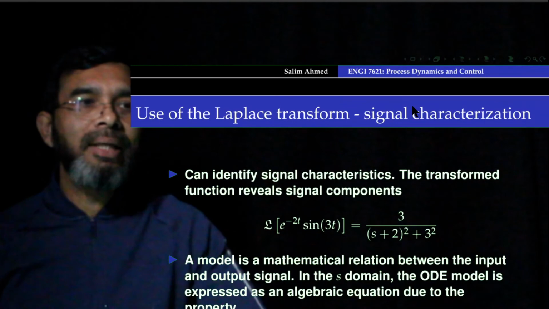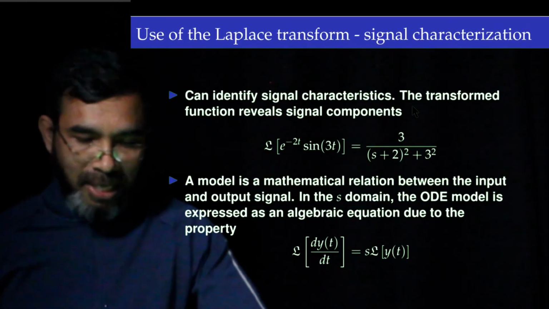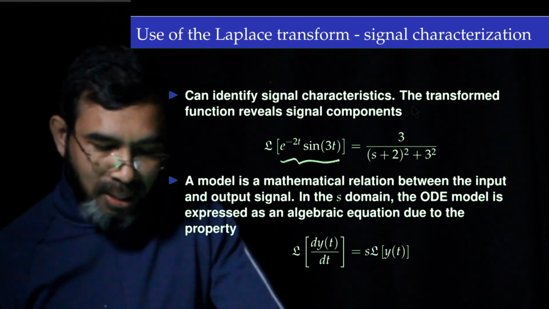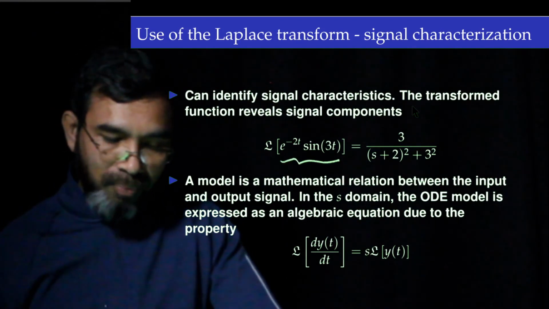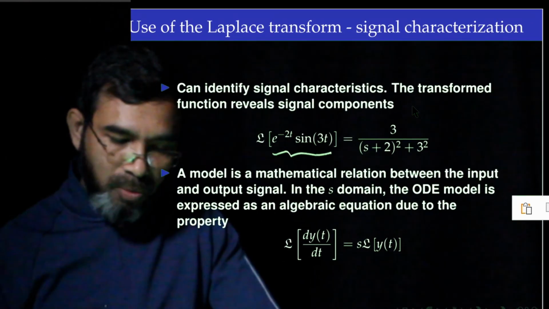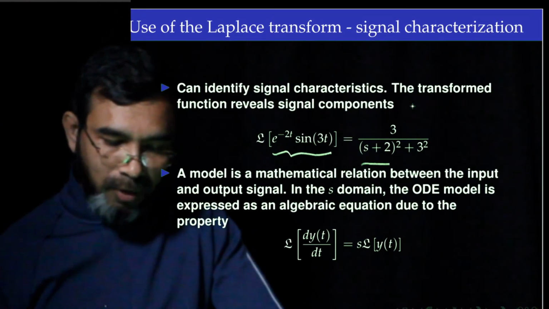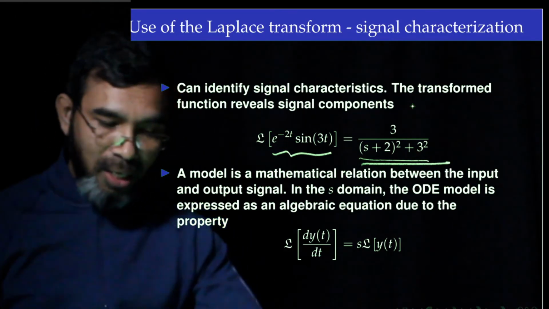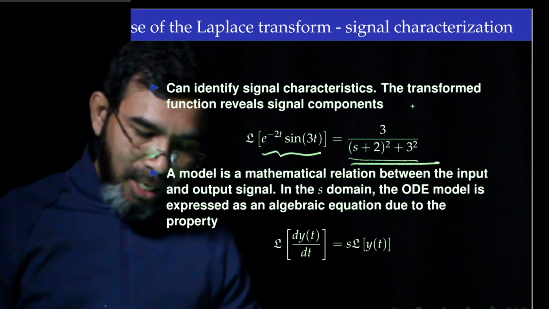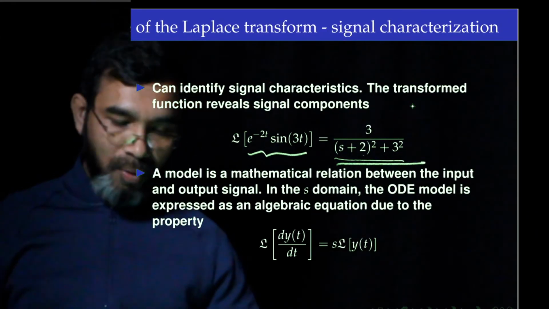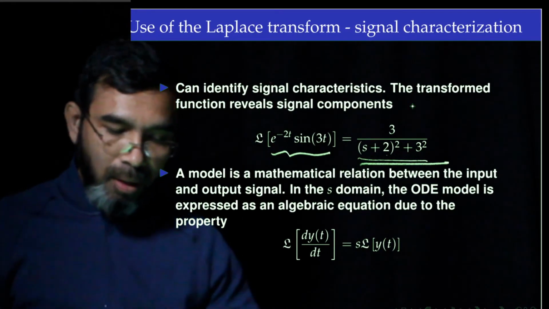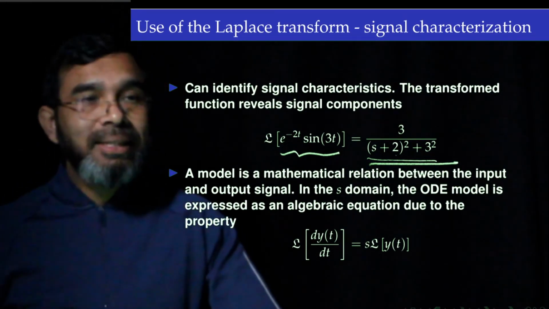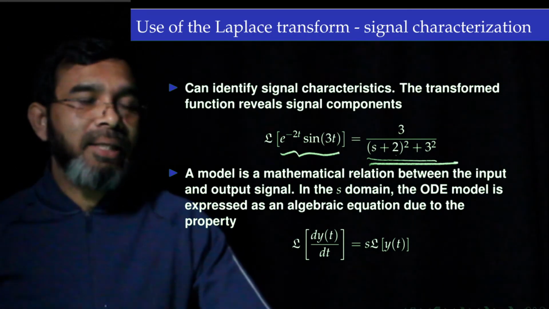Now take a look at the Laplace transform of some signals. If we look at the Laplace transform of the signal e to the power negative 2t times sine 3t, we have 3 over (s plus 2) squared plus 3 squared. That's the Laplace transformation of this function. Here, directly from the function, you can see this value 3 here and this value 2 here. So from the transformed function itself we can get the content of the signal.